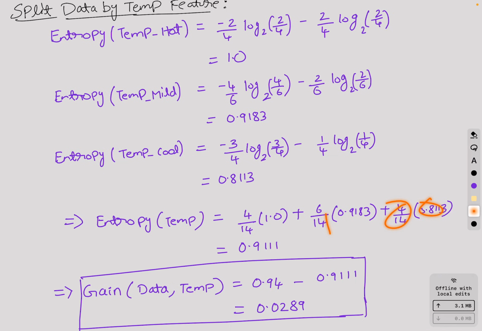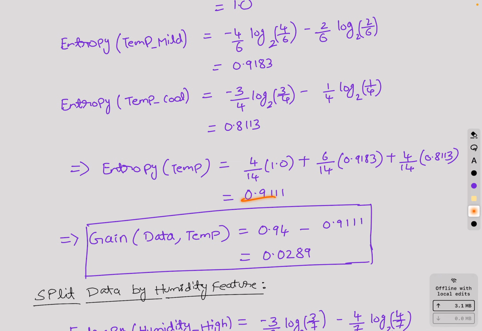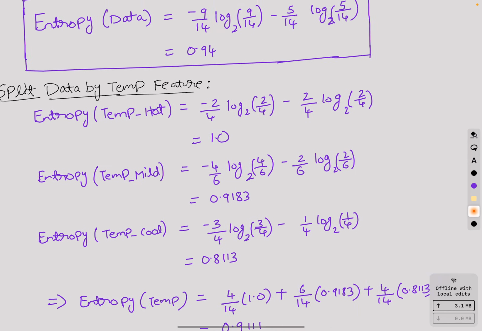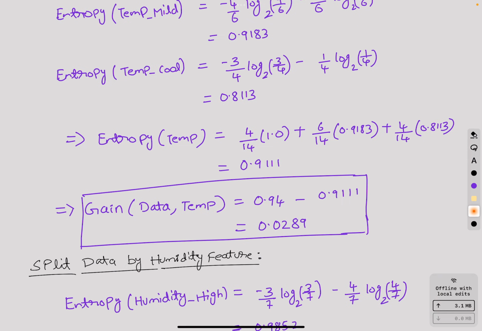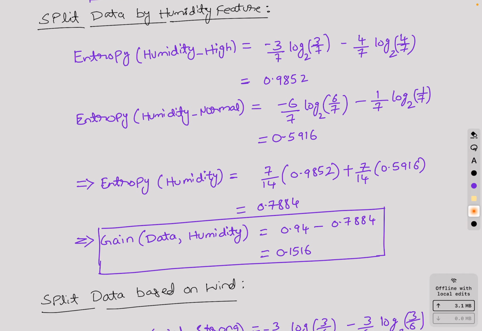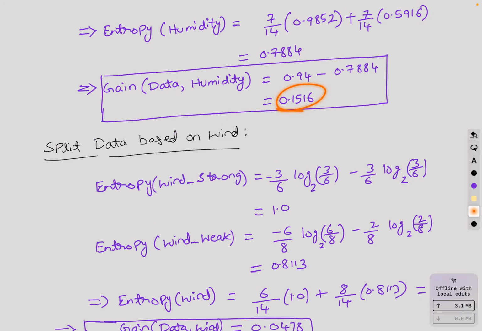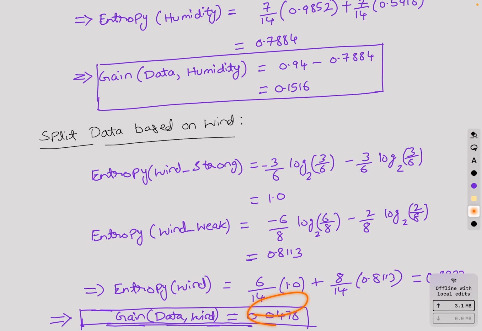So overall I end up getting this as the entropy, and the entropy reduction, or information gain, from the data before split, that is from the original data, and by dividing the data based on temperature, is this much. 0.94 is what I had before, and after dividing the data based on temperature, this is what I have. So this is the information gain. Similarly, for humidity, this is the information gain, and for wind, this is the information gain.